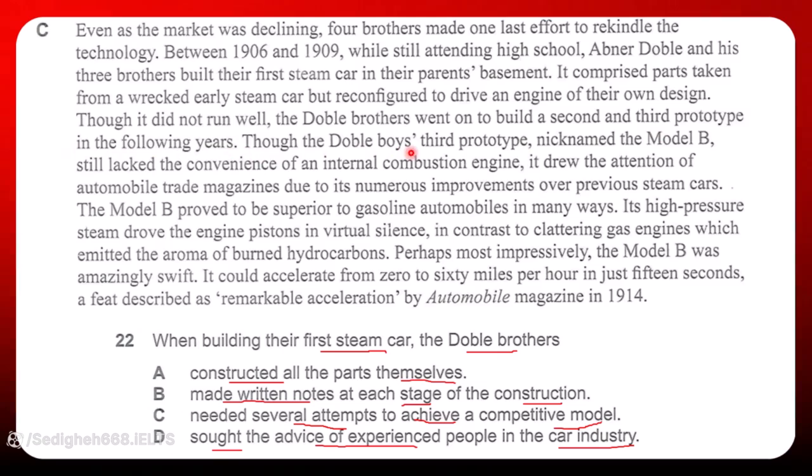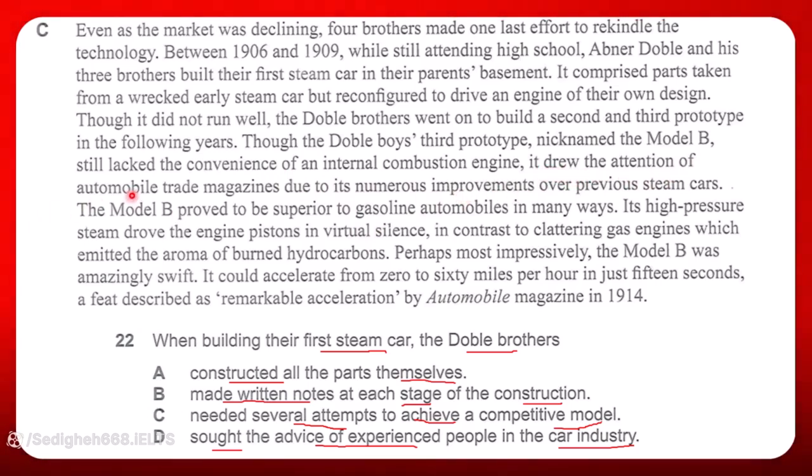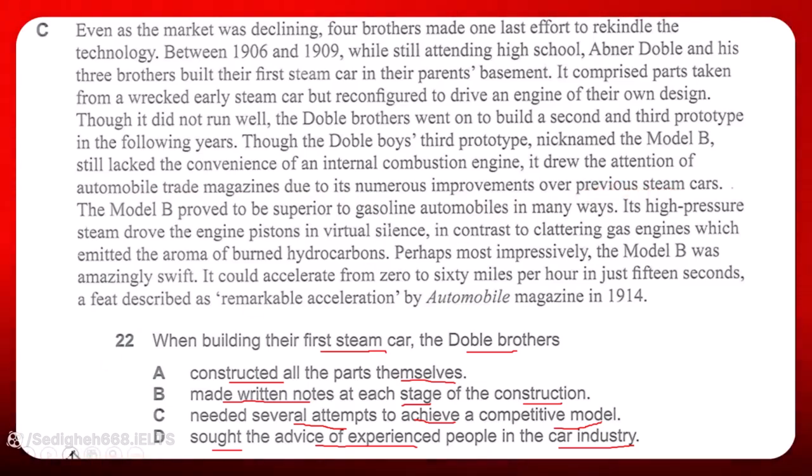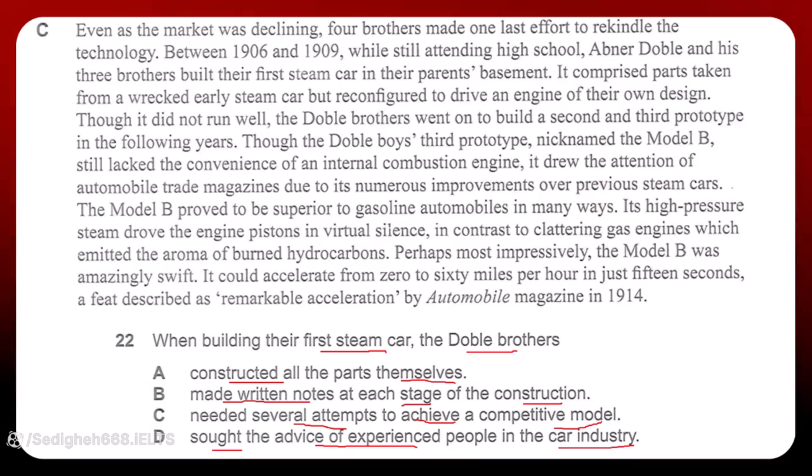Though the Double boys' third prototype, nicknamed the Model B. So here we can see, again, a description about Model B. And also we have here, it drew the attention of automobile trade magazines due to its numerous improvements over previous steam cars. Now let's decide what the keywords are.